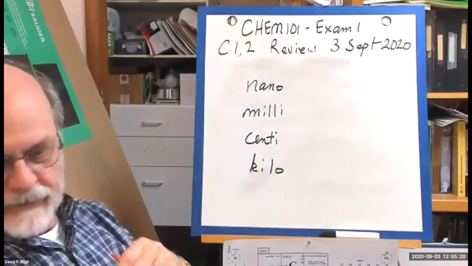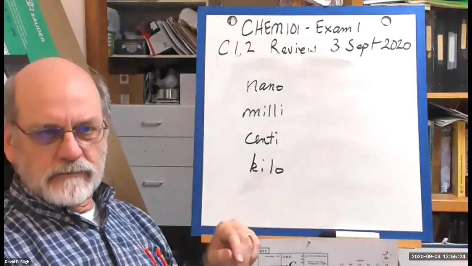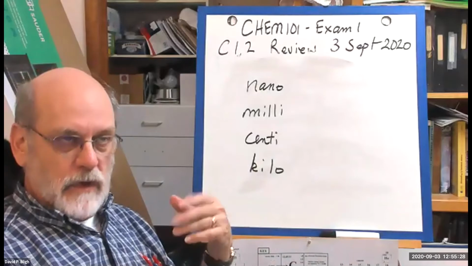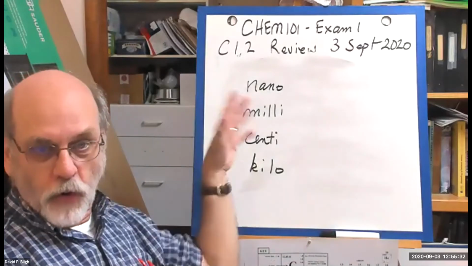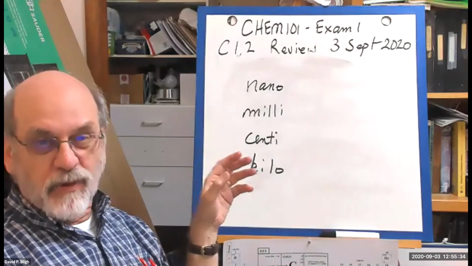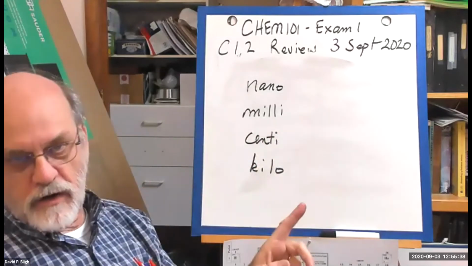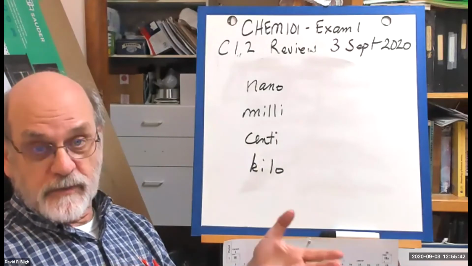So how do we put those in order? Well, there are a number of ways to approach it. My favorite way is when you have an ordering problem, I like to bracket it in. I like to locate the smallest one, locate the largest one, or whatever the parameters may be.